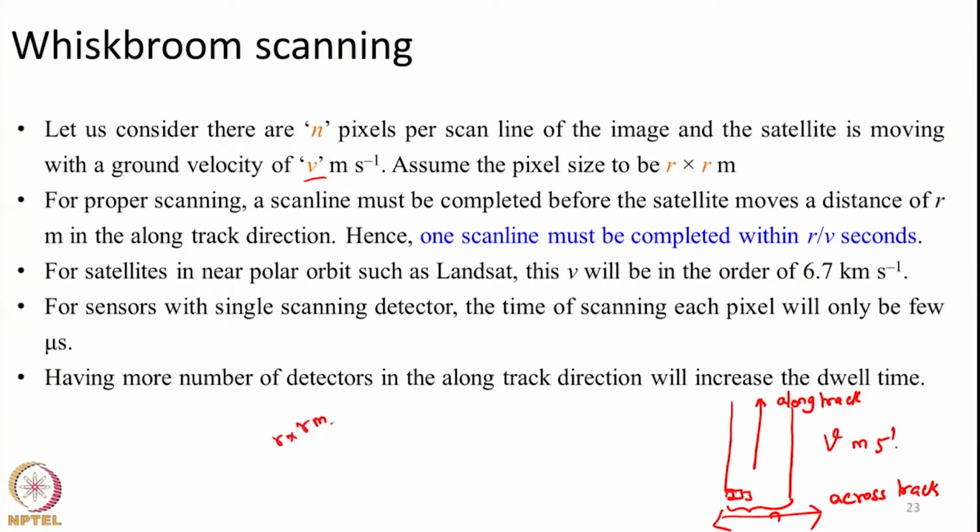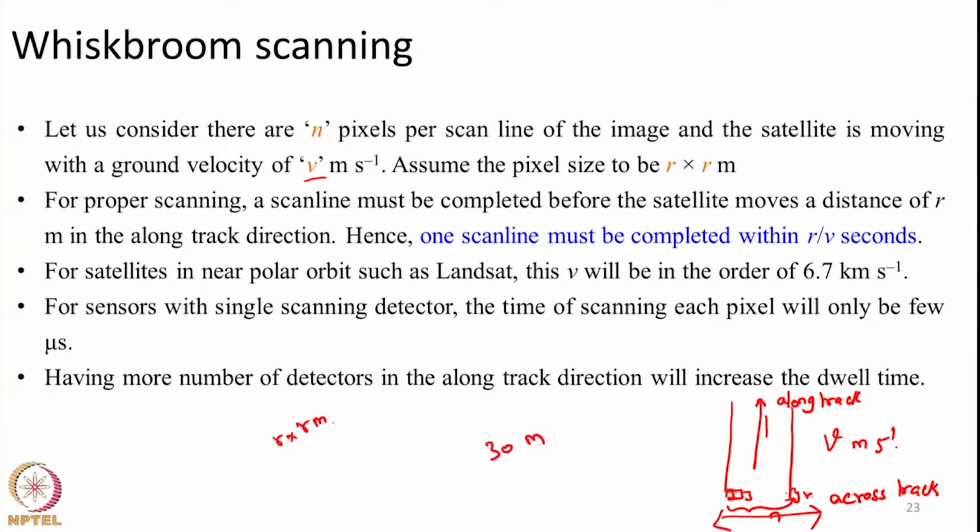So, essentially what the scanner has to do, the satellite is constantly moving like this in the along track direction. This scan line must be completed before the satellite moves ahead by a distance of r. Let us take the case of Landsat. In Landsat 7 the pixel size is 30 meters.